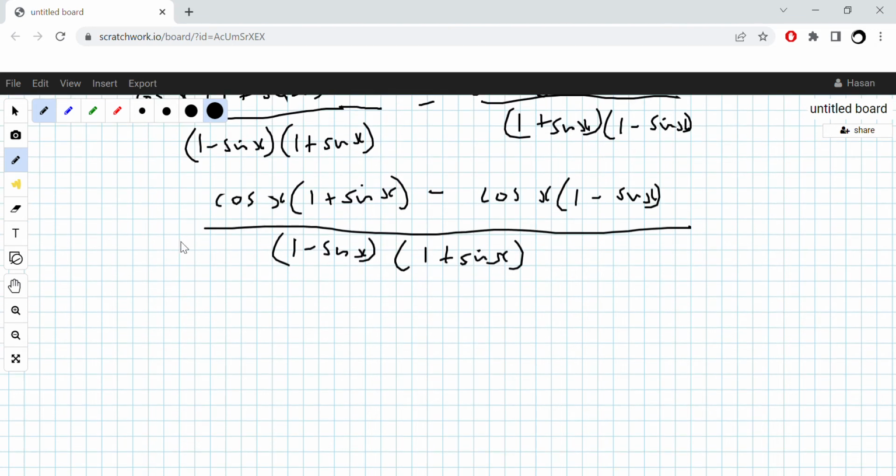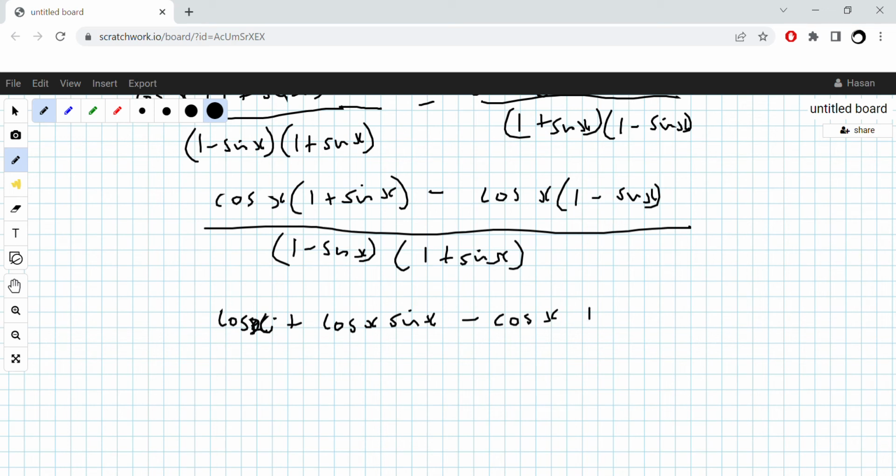The only thing we can do from here is we need to recognize that we can expand everything out. So when we expand everything out, we have cos x times by 1 plus cos x sin x, and then cos x minus cos x times by 1 is minus cos x, and then cos x times by sin x, both are minus.